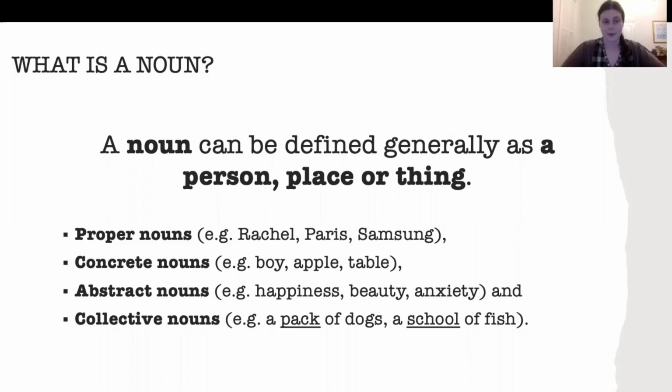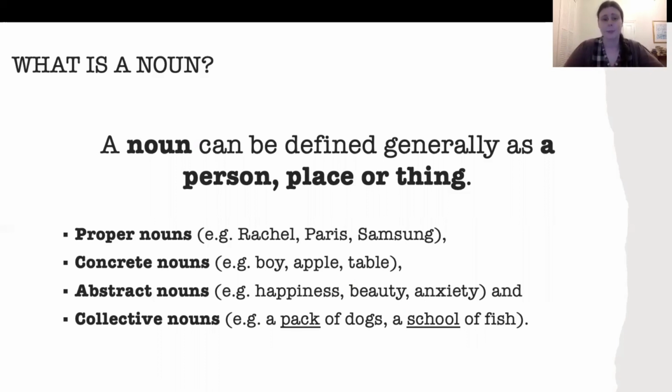Or you can have concrete nouns. So concrete nouns are nouns that you can physically touch, they're tangible. And they're basically most nouns. Most nouns are concrete nouns. So for example, boy, apple, table, etc. Then we've got abstract nouns. So these are the opposite of concrete nouns. These are nouns that you can't touch.